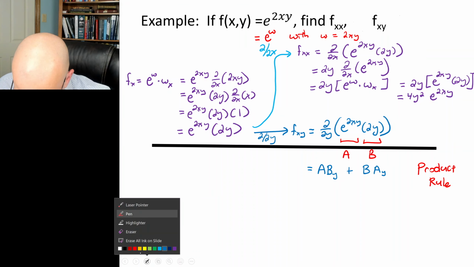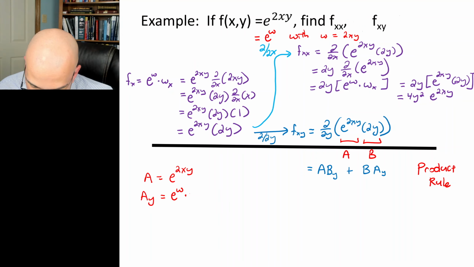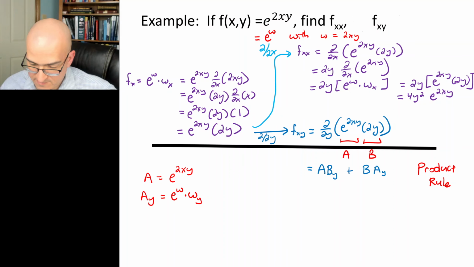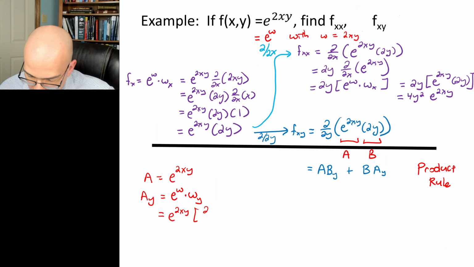So I'm going to do the product rule off to the side. A is equal to e to the 2xy. A sub y is e to the w times w sub y. So e to the 2xy times the y derivative of w, ∂/∂y of 2xy.